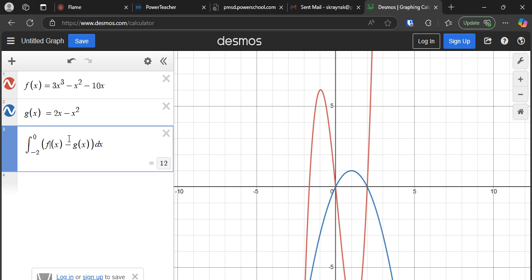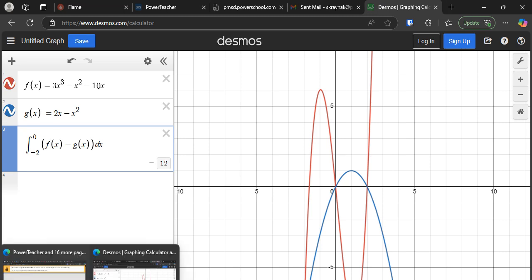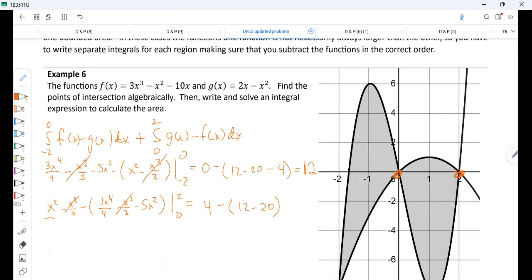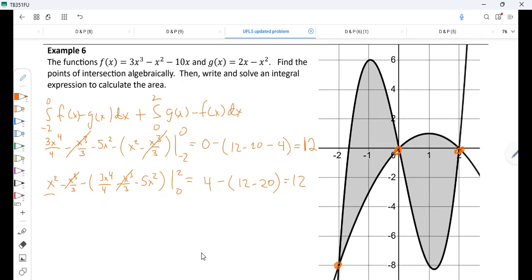There we go. That also equals 12. Just the simple math of it all. So there we go, and then 12 plus 12 equals 24.